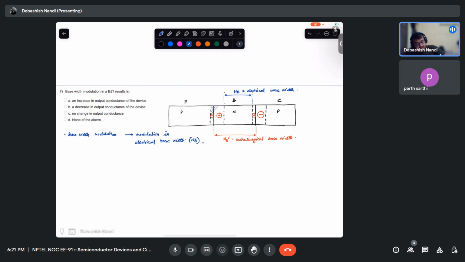That means apart from the depletion region. So then what happens when we go like this?